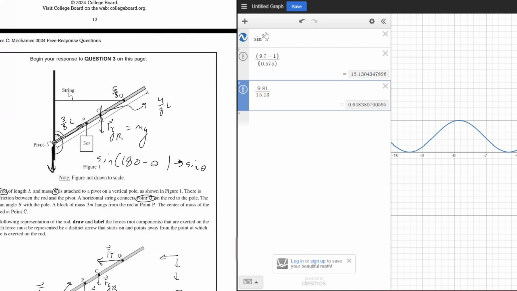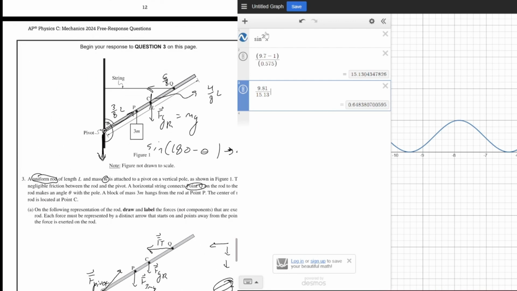Now this part gets tricky, right? Because here's theta, and here's the force of tension pulling that way. So I'm going to draw this on the side because I ran out of space. So the theta between these two, I'm going to redraw the force of tension because up here was here. I'm just moving it right there. Here's 180, here's theta. So that has to, oh, that's not where theta is.